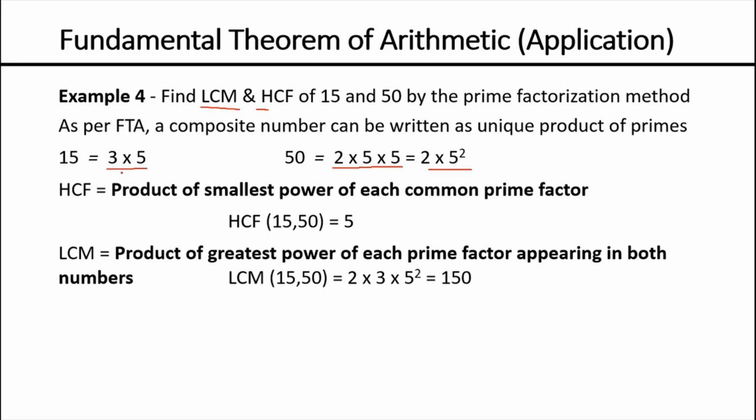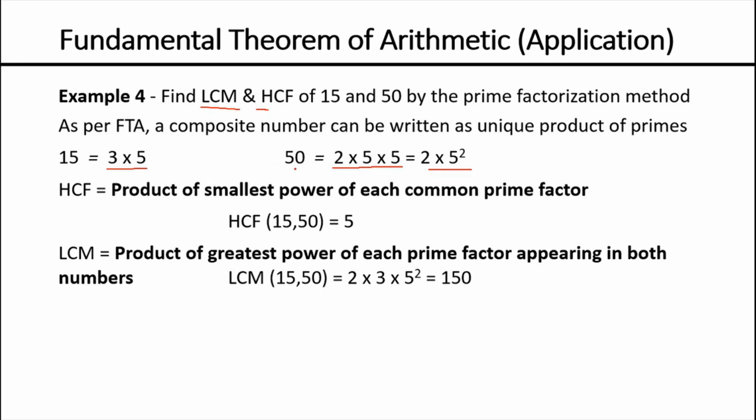So we'll start with prime number 3. We can see that it is only appearing in 15, so we'll take 3 to the power 1. Then looking at 5, 5 is appearing in 50 as 5 to the power 2, so we'll take 5 to the power 2.